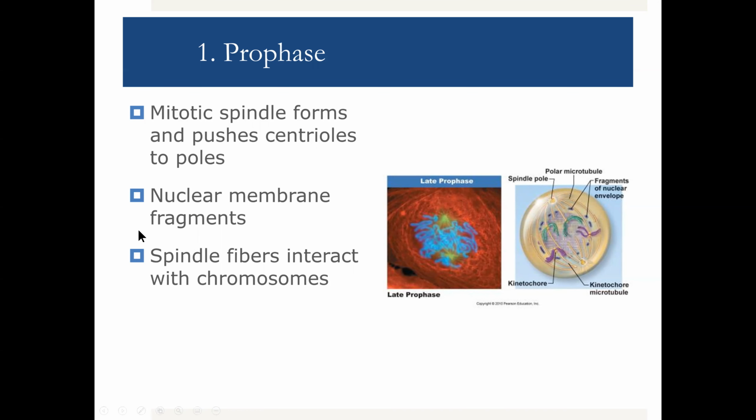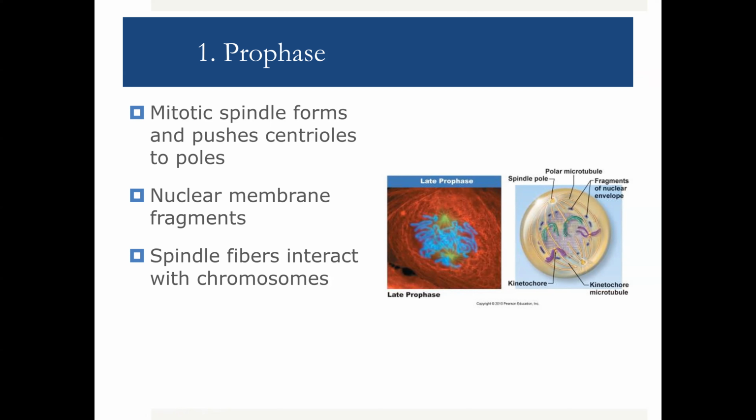But in prophase, the key thing is you can start to see the genetic material. You can start to see the chromosomes. Nuclear membrane breaks down, you can start to see the chromosomes. So these are the chromosomes. They're not in any particular arrangement right now, okay? That is prophase. In prophase, the centrioles are going to migrate to the poles.